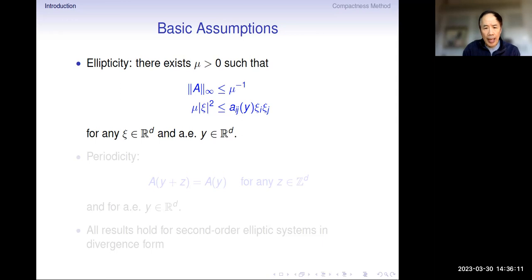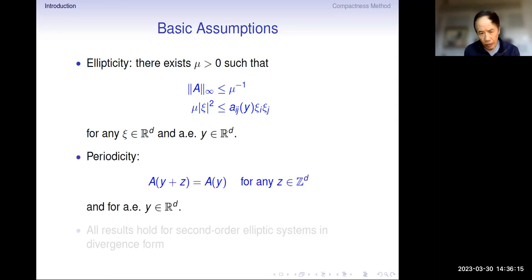Okay, and periodicity means that, as I already described, it's one periodic with respect to integer lattice. That is, if you add a point with integer coordinates, it's the same. A of y plus z is A of y for any z and for almost every y here.